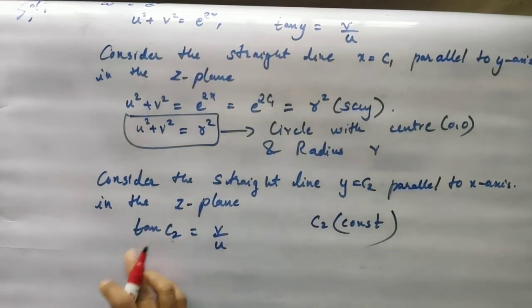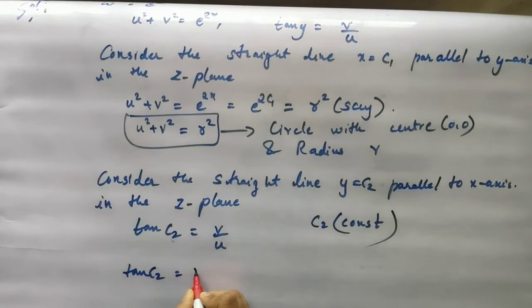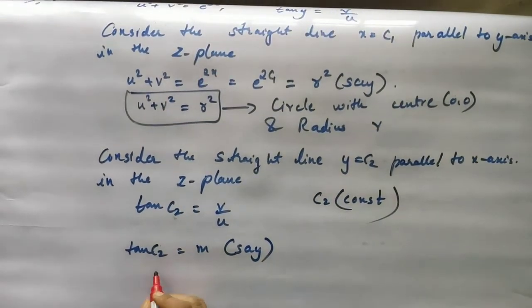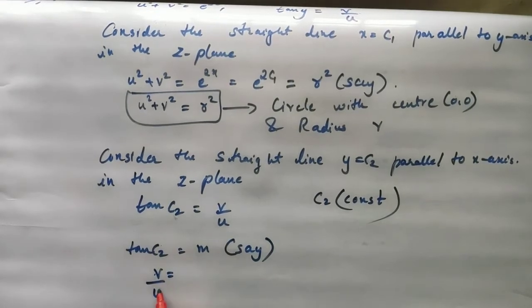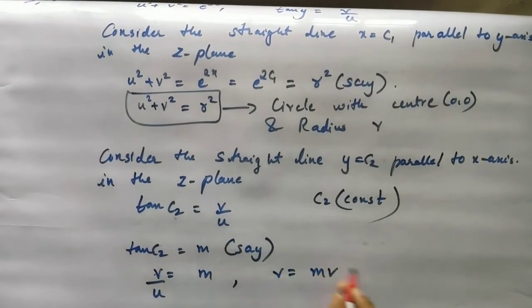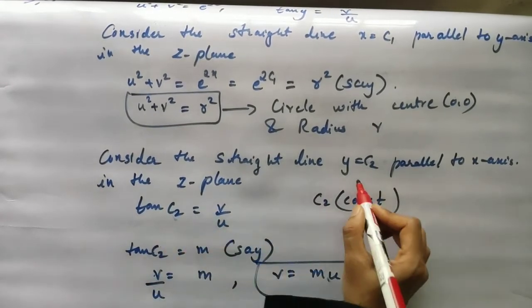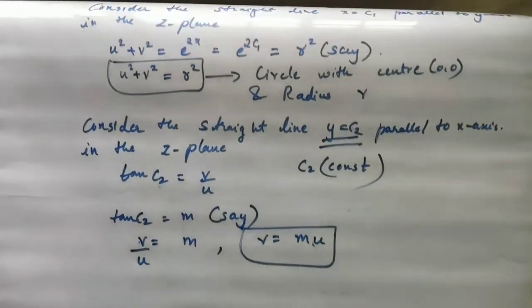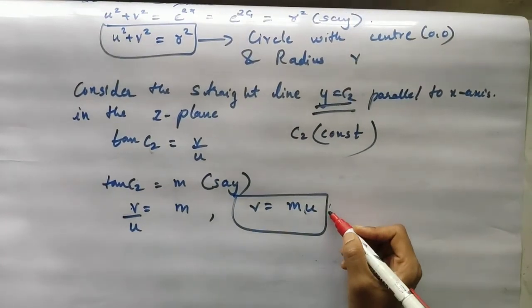So I can relate it as, say, M. So I can call tan of C2 is equal to M, because it is constant. So if it is constant, then what will V be? V by U is equal to M you are getting, or V is equal to M into U. Right? So this line y is equal to C2 is mapped to another straight line in the W plane.